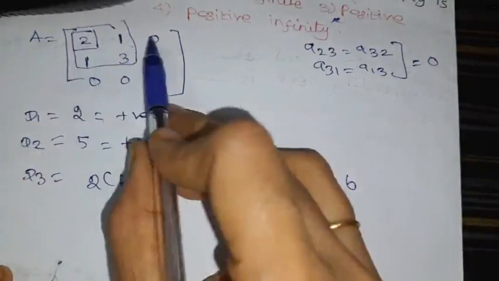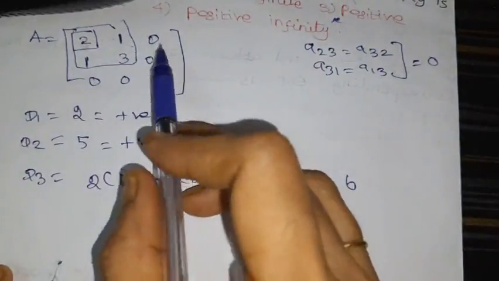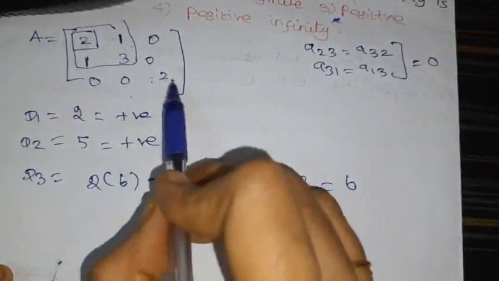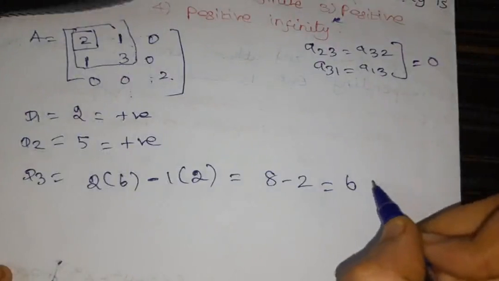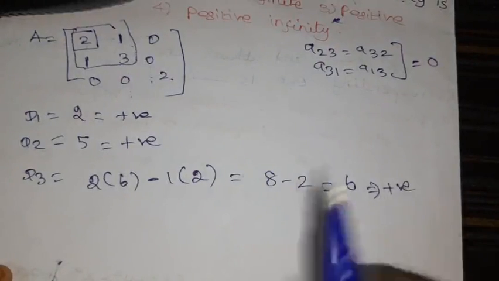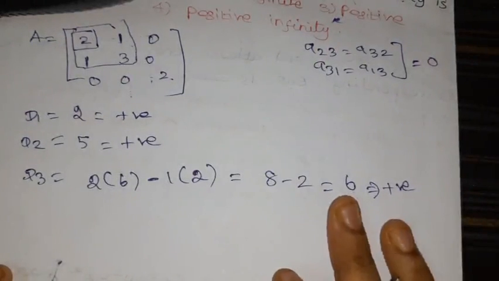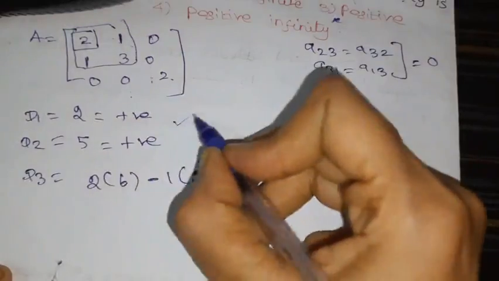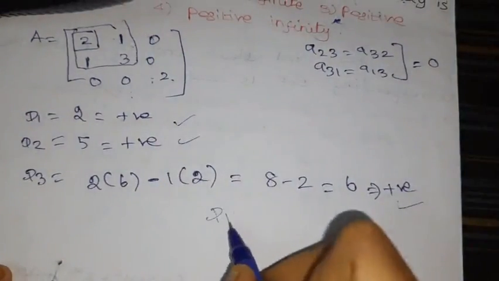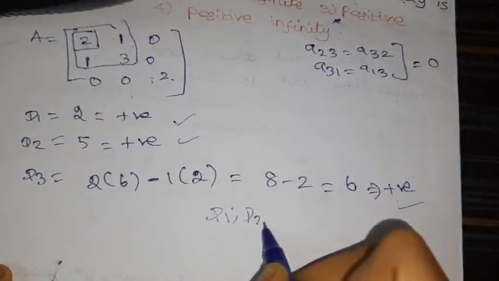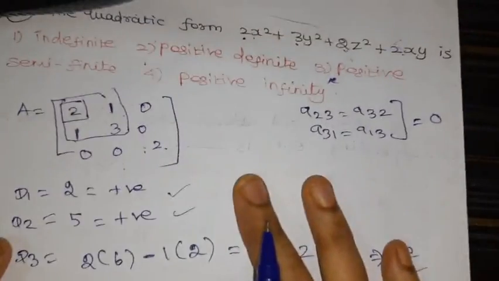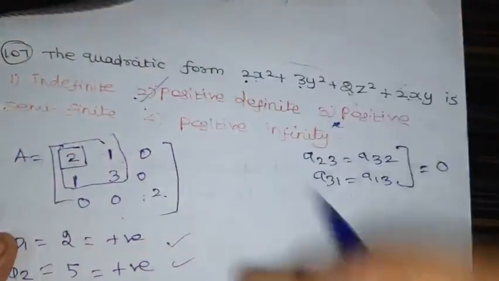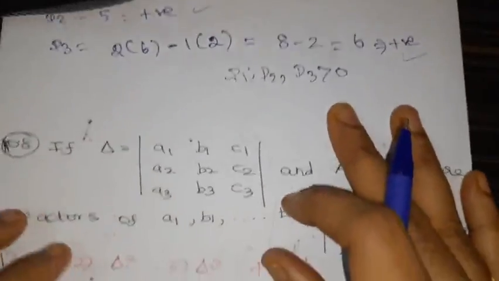Sorry, this one: 2 minus 1, 6. That is also a positive value. So we are getting all positive: d1, d2, d3 greater than 0. So what is the condition? Positive definite.